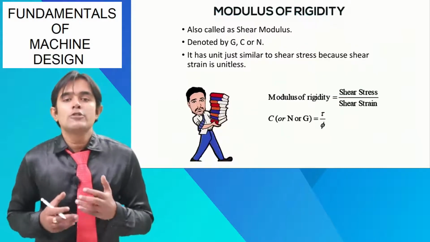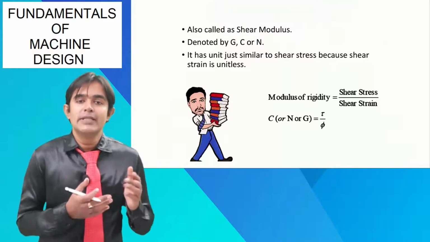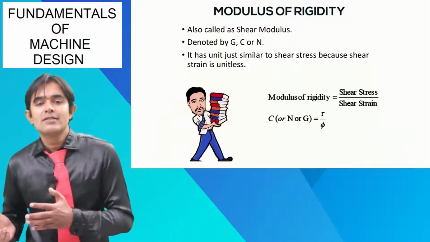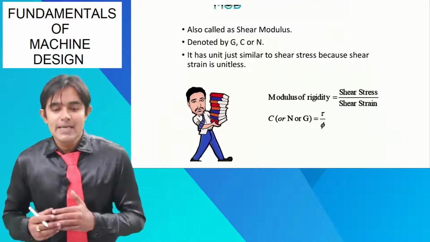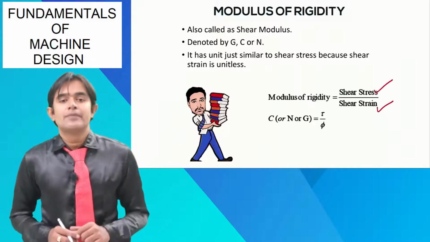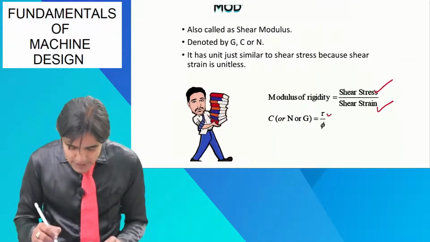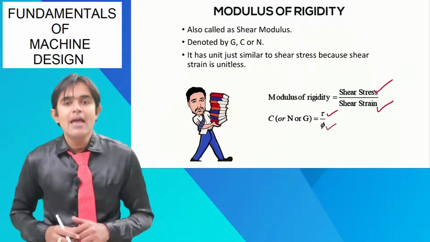Just like modulus of elasticity, there is one parameter which is modulus of rigidity. If modulus of elasticity was stress upon strain, then modulus of rigidity is shear stress upon shear strain. We have already seen shear stress is denoted by tau and shear strain is denoted by phi.